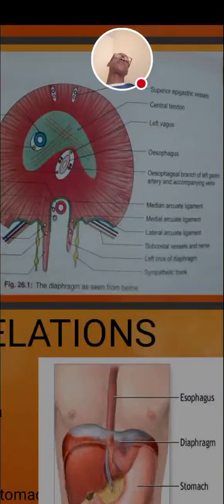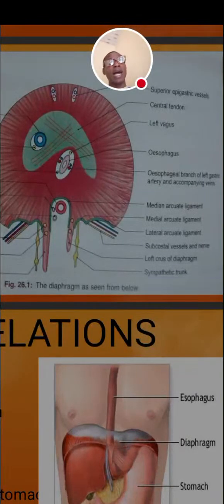The left crus is divided into 3. The first one originates from L1 and L2, the body and intervertebral discs of L1 and L2. Another one originates from the base of the medial arcuate ligament, and another from the base of the lateral arcuate ligament.